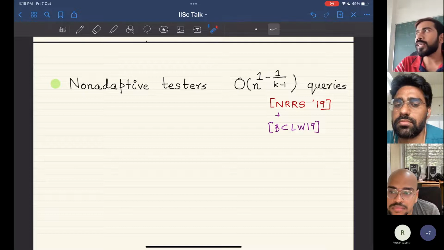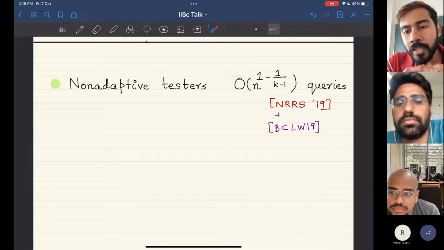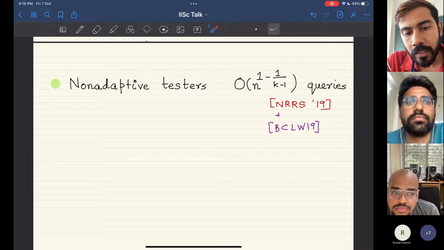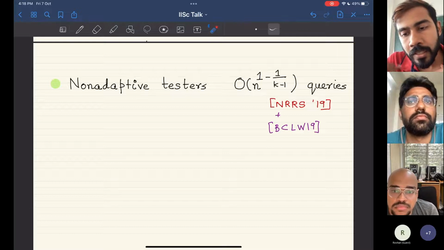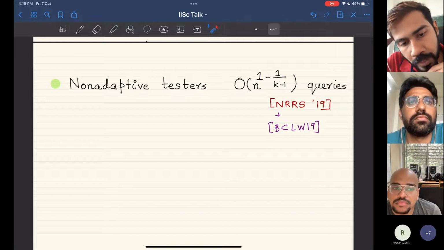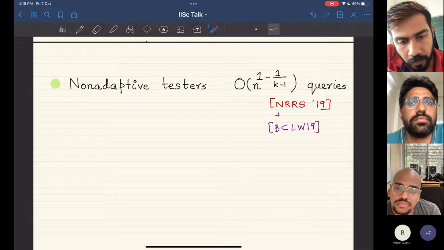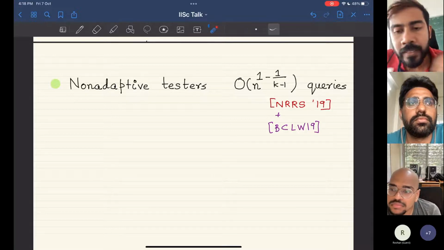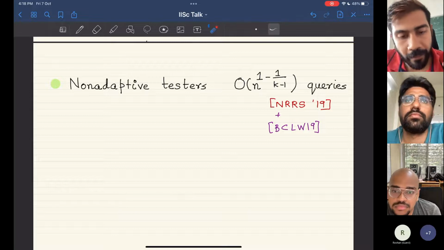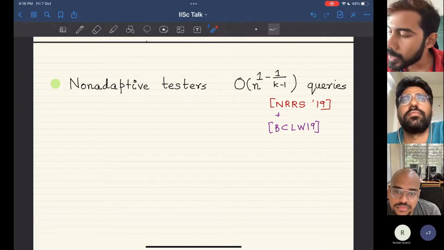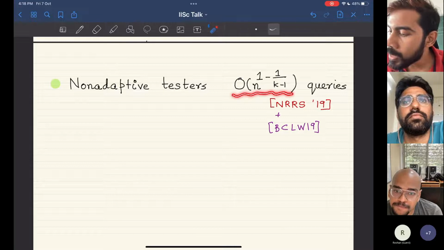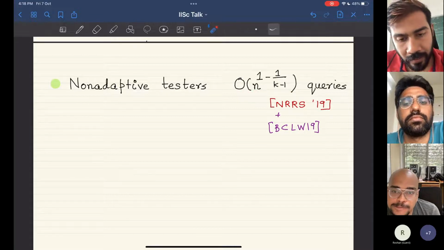A tester being non-adaptive means the tester makes all of its queries in advance, before seeing the answers to any of its queries. All the queries are decided in advance. So my point is there is a tester that can test for arbitrary patterns of length k, but whose query complexity dependence gets worse and worse as k increases.